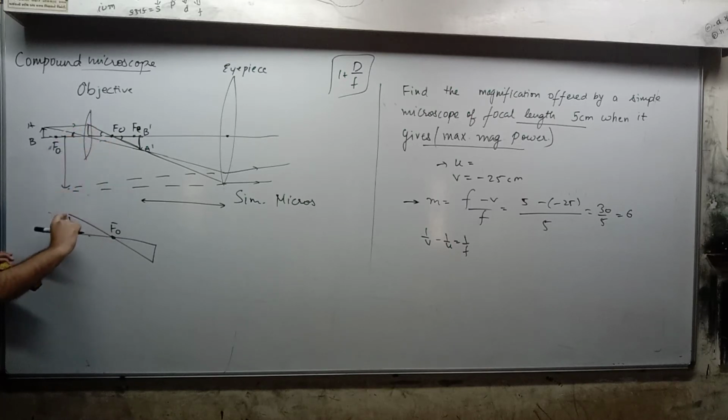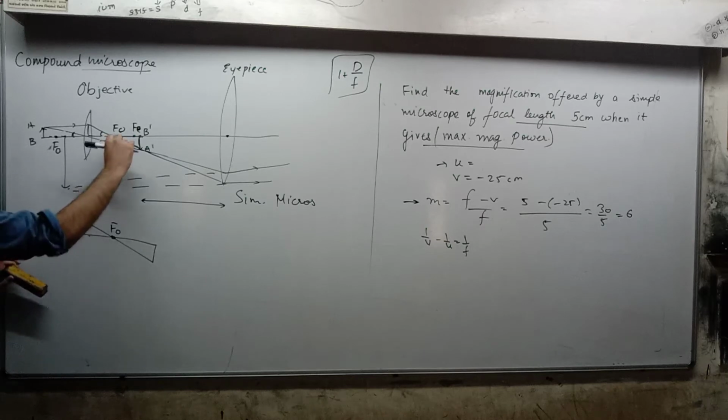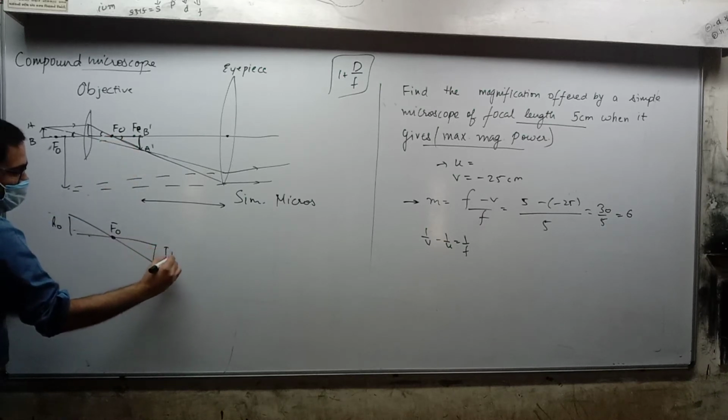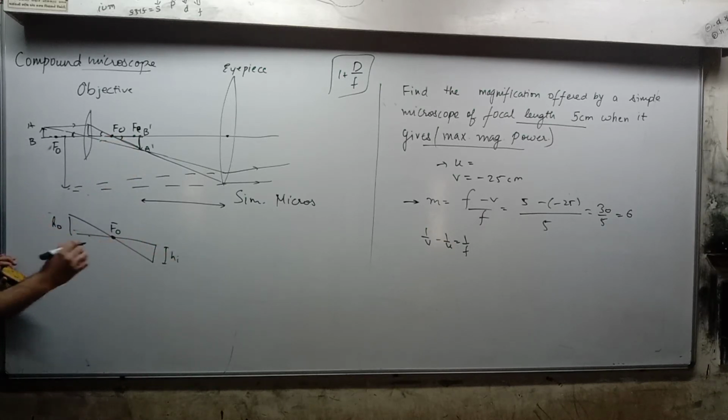What's this? HI. Agreed? HO. Similarly over here, this is HI. Clear? This angle theta, this angle also theta. They are going to be the same. Now this distance is the focal length of what? The objective.